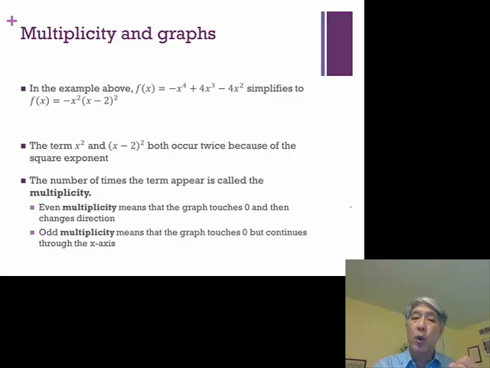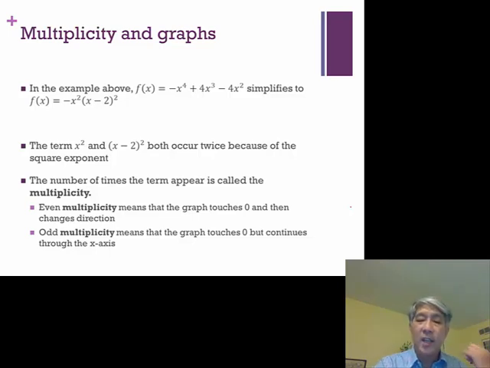X equals 0 occurs twice because I have x squared, and x equals 2 occurs twice because it's x minus 2 squared. That square is what we call the multiplicity, because it could be any other integer. It could be x minus 2 cubed or x minus 2 to the fourth.